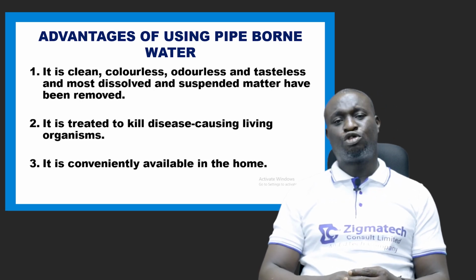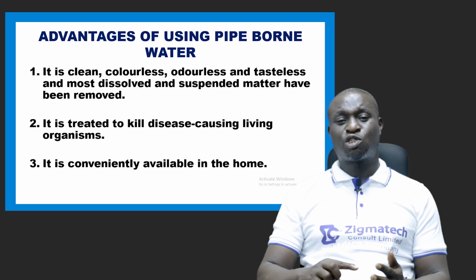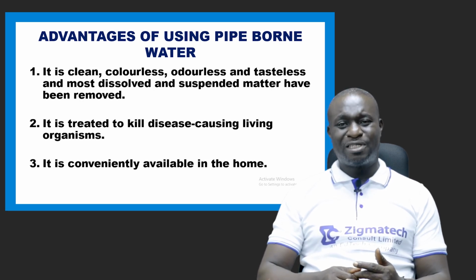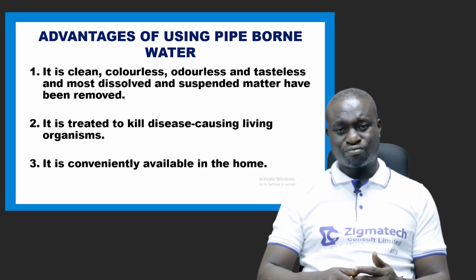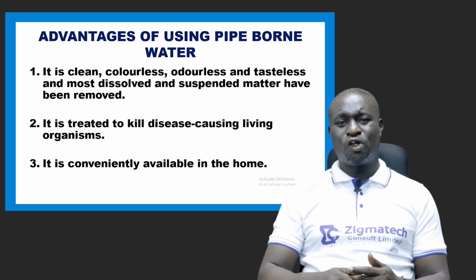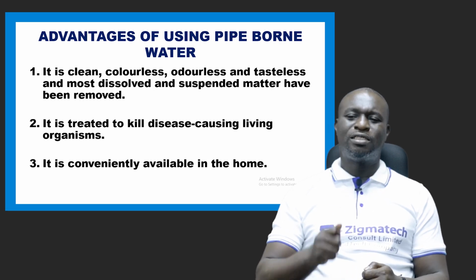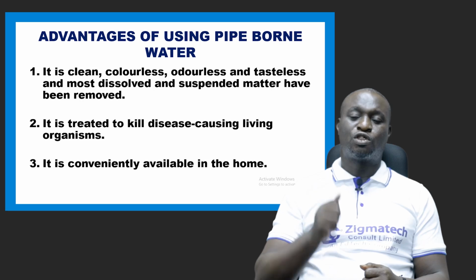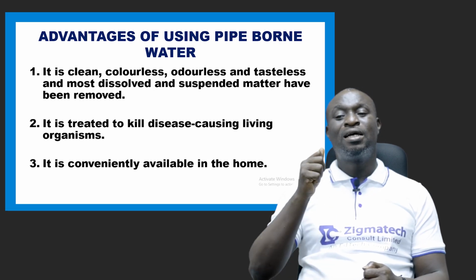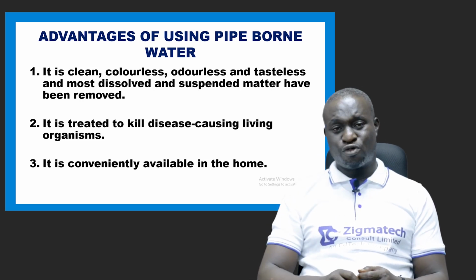Those impurities actually give water color, odor, and taste, and clean water should be odorless, colorless, and tasteless. Number two, it is treated to kill disease-causing living organisms or microorganisms.